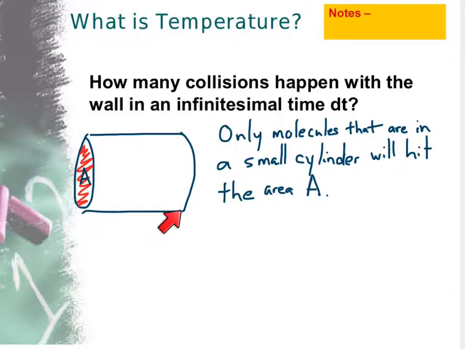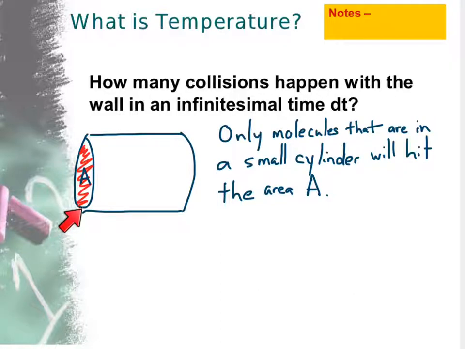If we are assuming that all of the gas molecules are traveling with a speed of vx, what would the length of this cylinder be if only molecules inside this cylinder could possibly hit this wall in a time dt?